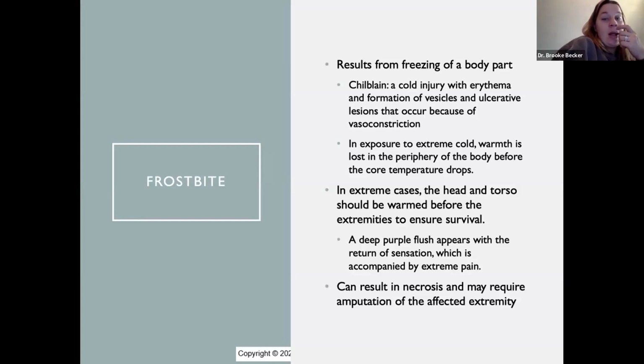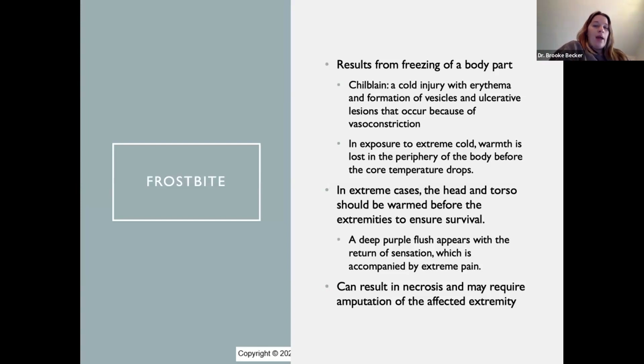So if you find someone outside in the extreme cold, try to warm up their head, so put a hat on them and give them a warm blanket around their torso. Okay. They make those metal looking heat blankets. That's something that you could utilize as well.